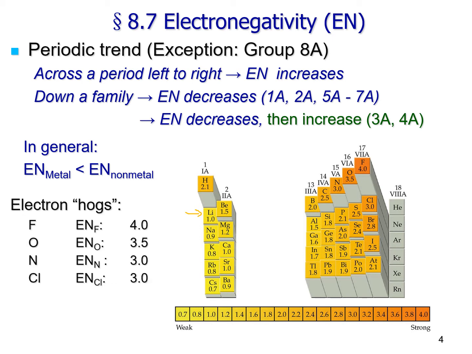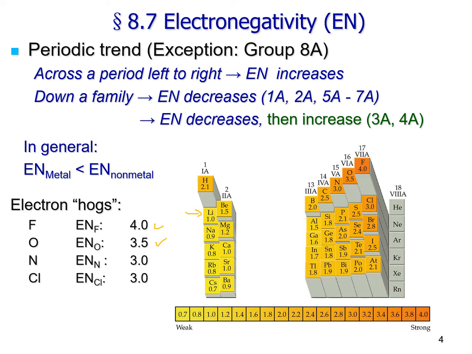And we also call 4 electron hogs for those elements: fluorine, oxygen, nitrogen, and chlorine. Fluorine has the most electron activity, and oxygen is the second. Nitrogen and chlorine are the same, and we put them together as the third prize, number 3.